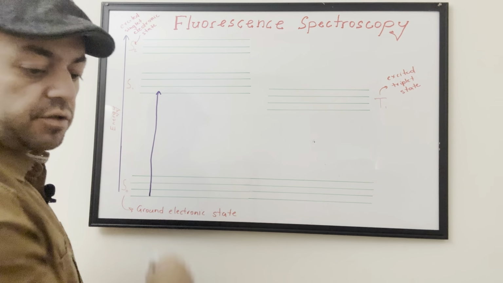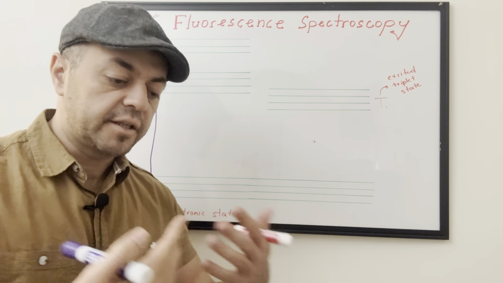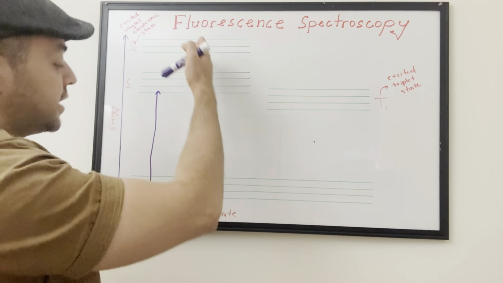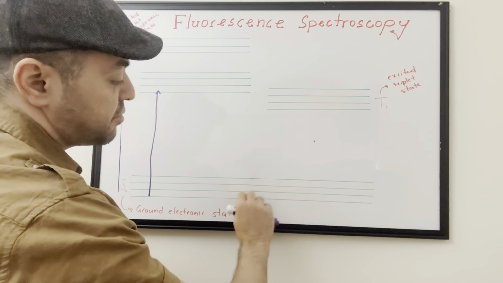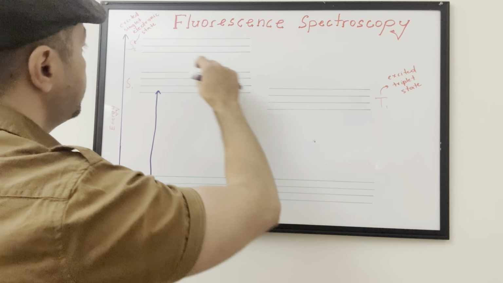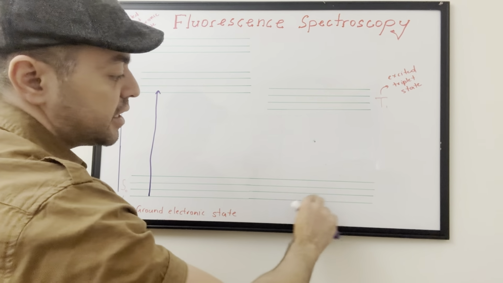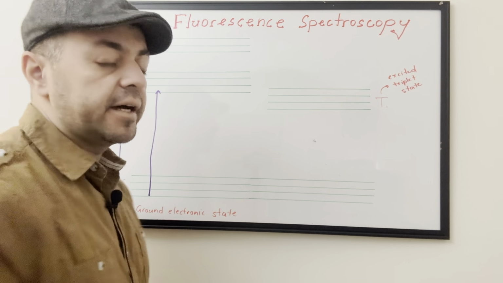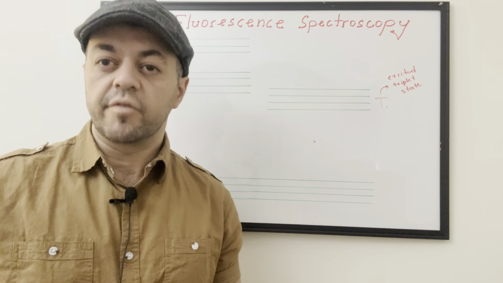or sometimes S2, and then after some time it releases the energy or light, and it comes back to the ground state. As you see on these small lines, each of these states, like the excited singlet state, the triplet state, or the ground state, each has these ladder-like levels, and these are called vibrational levels.